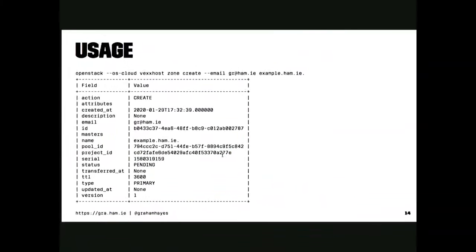It's just OpenStack zone create followed by the required information. If you were using multiple pools, you could provide the scheduling hints here as well. And if you wanted to create a secondary zone where we would pull information off your own DNS server, it'll be added here as well.